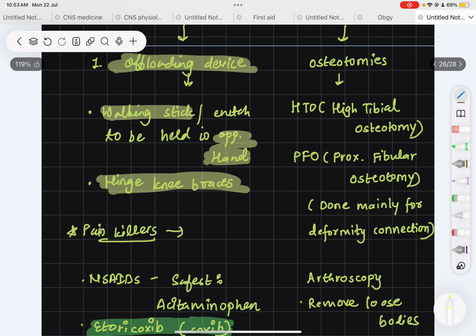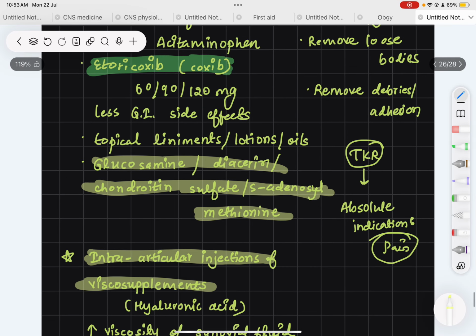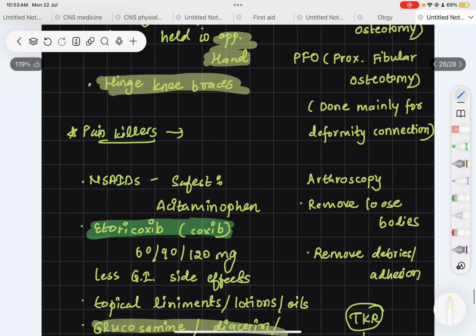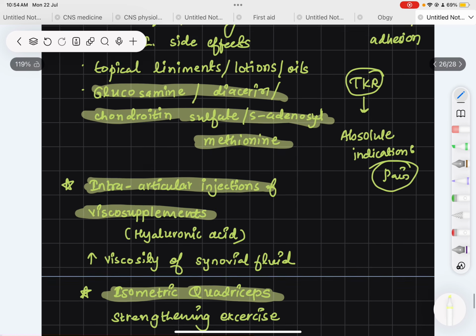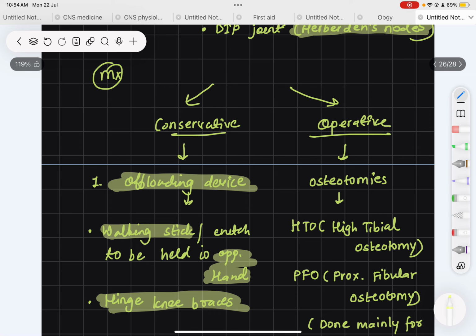The patient's main complaint, we know, is pain, so we have tried to reduce the pain with various drugs and topical management. And we have also tried to reduce the workload of the joint by giving offloading devices and some viscosupplements, and indicating some exercise also, so that we can prevent further damage.